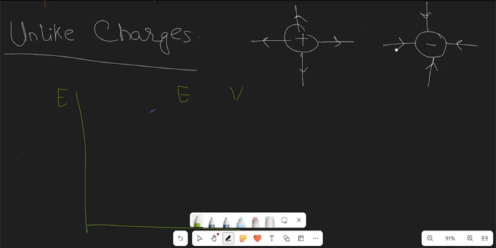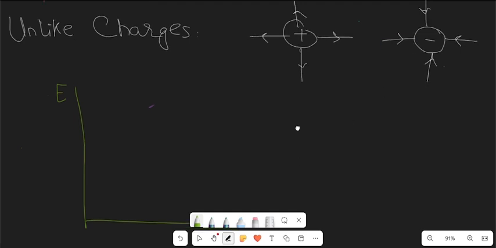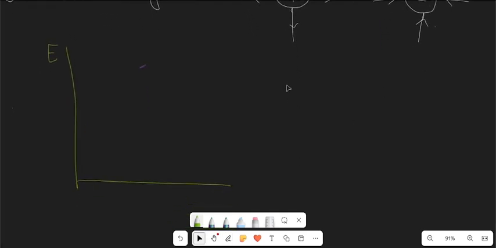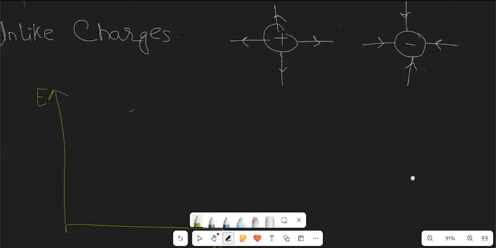It has 3 strokes, electric field strength, and this is only 2, so electric potential. You can think of it that way as well. So this graph is for electric field strength against x, which is distance. Now the electric field strength is a vector quantity, and it is for unlike charges.